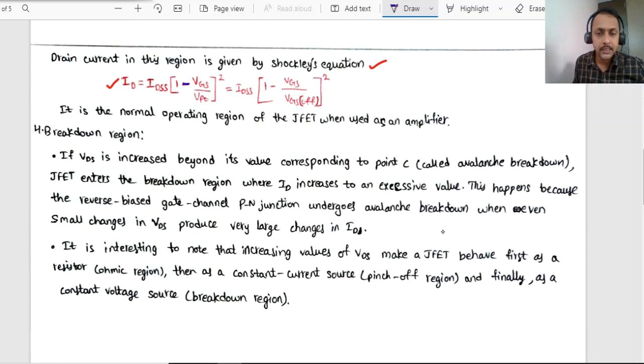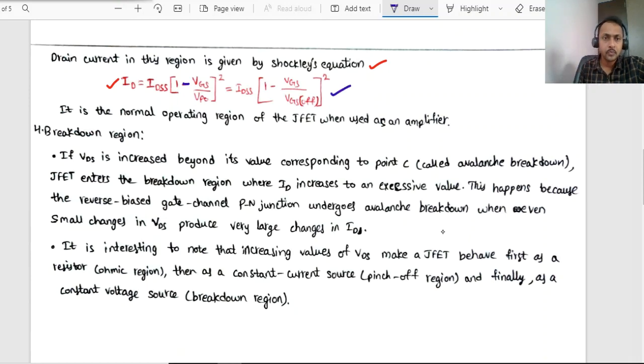VP naught indicates the pinch off voltage, and VGS is the gate source voltage. This can also be written as IDSS into 1 minus VGS by VGS of pinch off voltage, square.